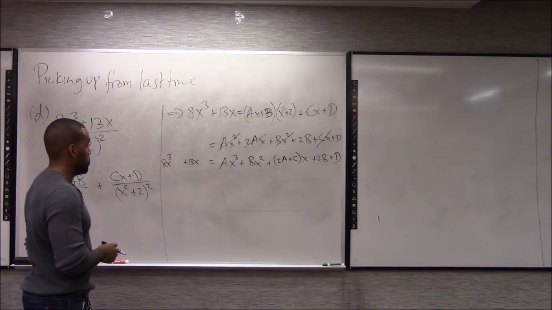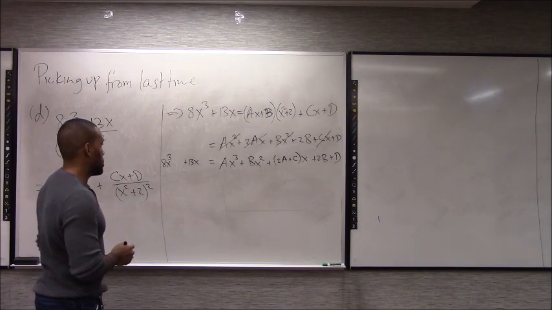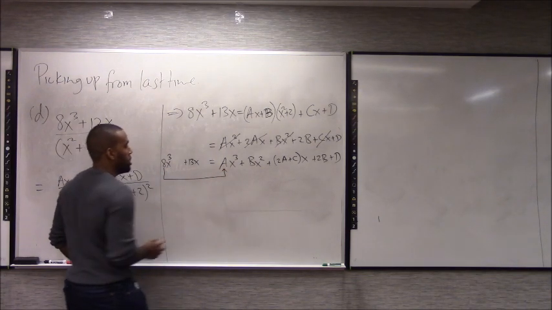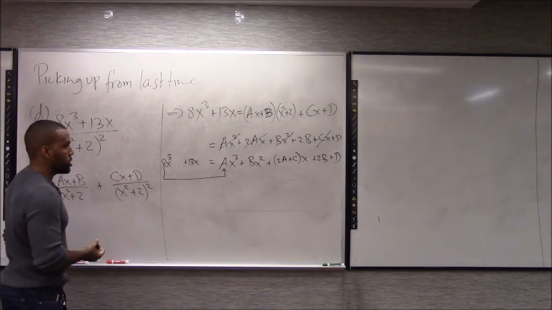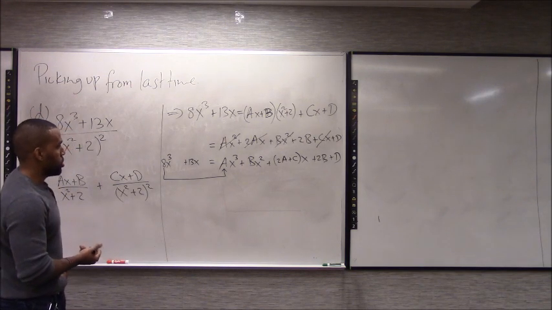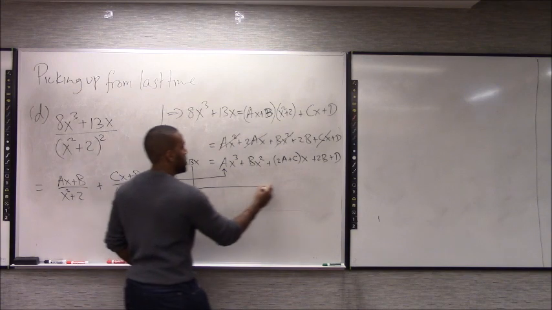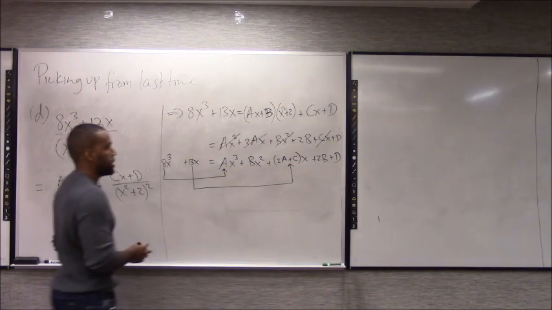Yeah. Match up the like coefficients. The x cubes on the left and right must be the same number of x cubes because it's an equation. So that must be true. The number of x's on both sides must be the same. So this must connect to that.